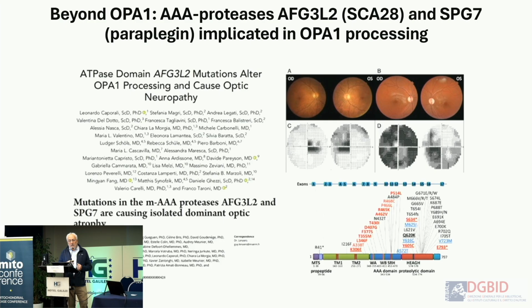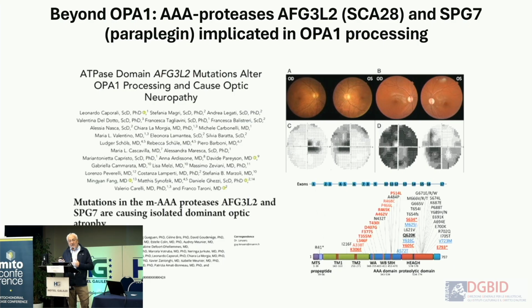Then it came, maybe not surprisingly, but maybe also surprisingly, this other couple of genes. They're both AAA proteases, and these are well known to neurologists because AFG3L2 is also known as spinocerebellar ataxia 28, and SPG7 is also known as paraplegia, because they are associated with spinocerebellar ataxia and spastic paraparesis.